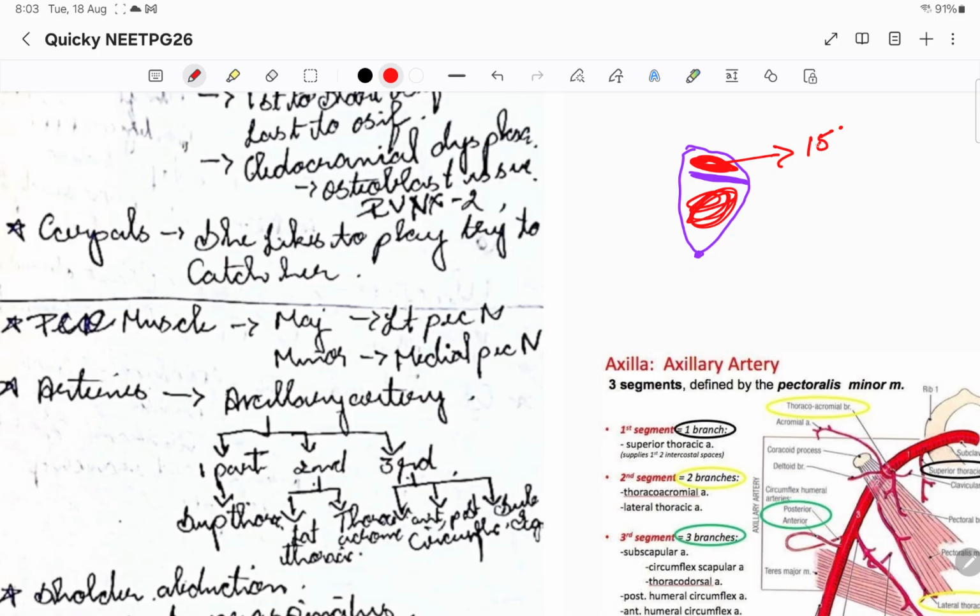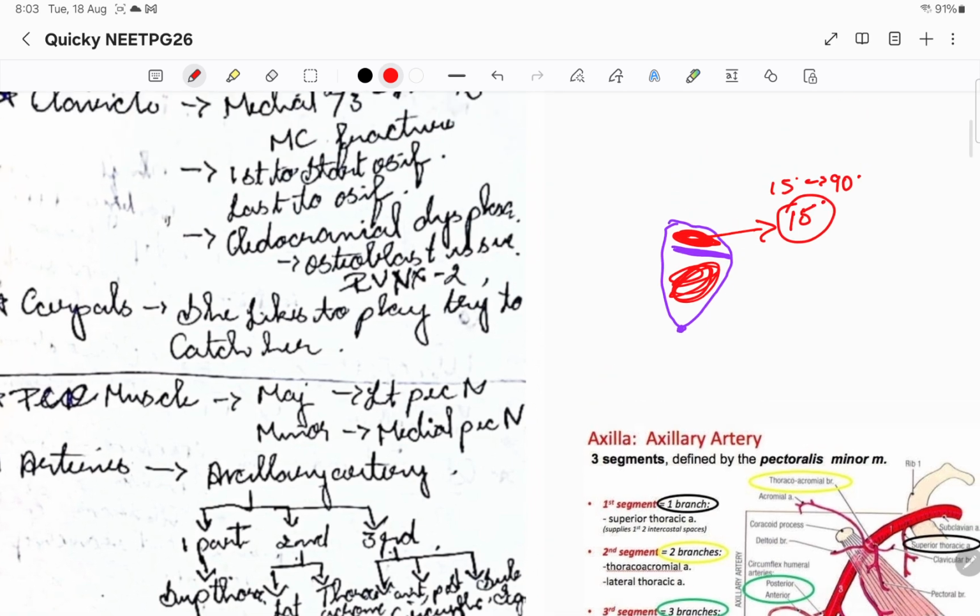Lifting of the shoulder will be started by the supraspinatus, whereas from 15 degrees to 90 degrees will be by the deltoid muscle. See, here the scapula was there and here the deltoid is there. Okay, the deltoid muscle, the delts workout that we do in the gym, right?